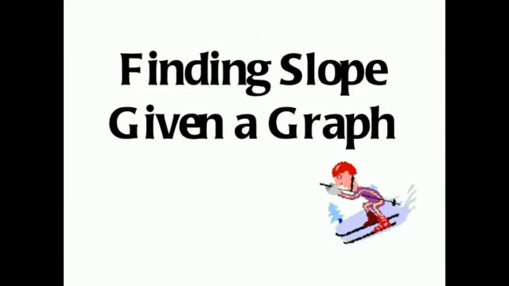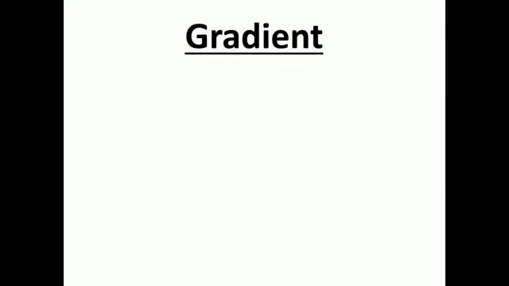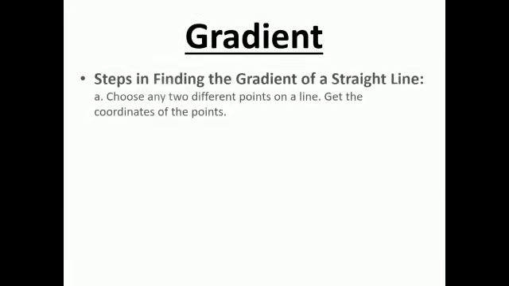Okay, so for finding slope, we have two methods here. First method is from the given graph, second is from the given points. First we discuss finding slope given a graph. Here we are discussing how to find the gradient from the graph. There are some steps. Choose any two different points on the line, and get the coordinates.